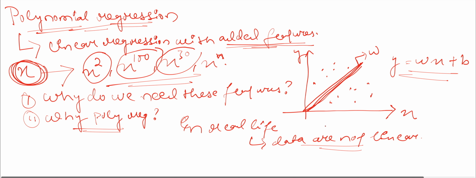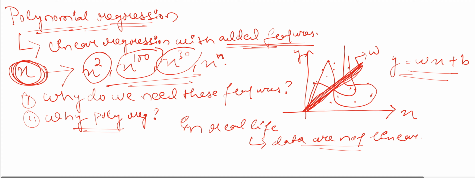We know this. So instead of letting it be a straight line, we bend it, so maybe something like this or something like this. I hope you're getting my point.